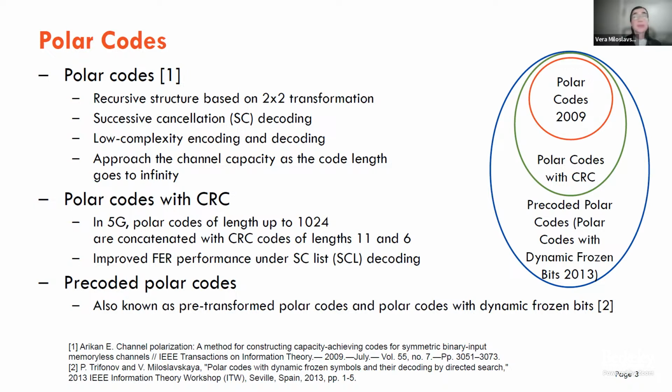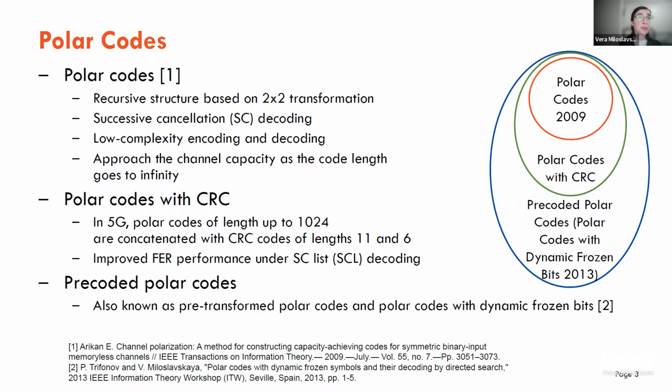Polar codes, introduced by Arıkan in 2009, have a simple recursive structure, and they are famous for their ability to approach the channel capacity as the code length goes to infinity, with simple successive cancellation decoding. However, practical data transmission systems require codes of moderate length.